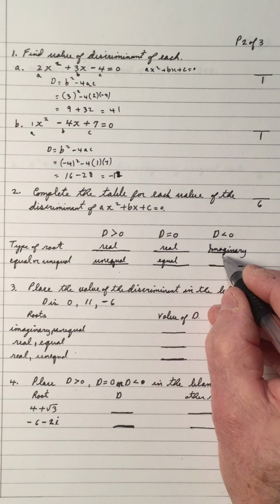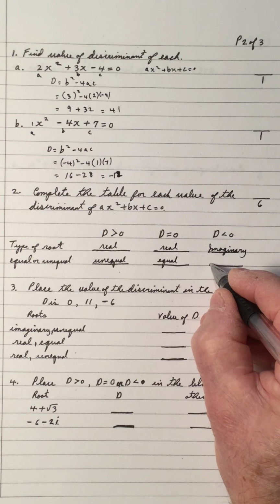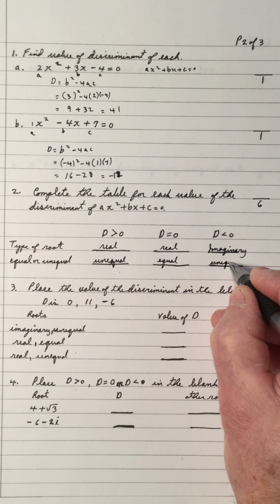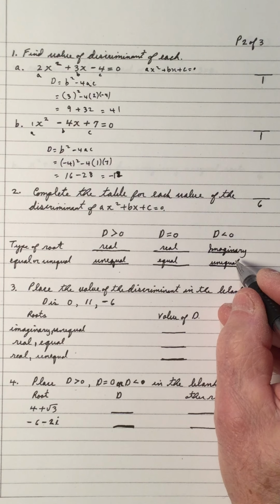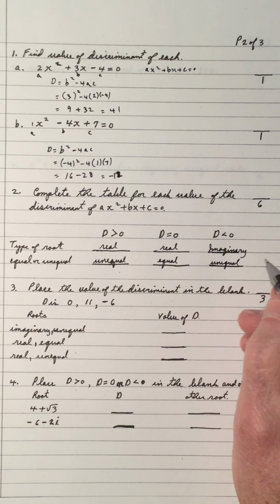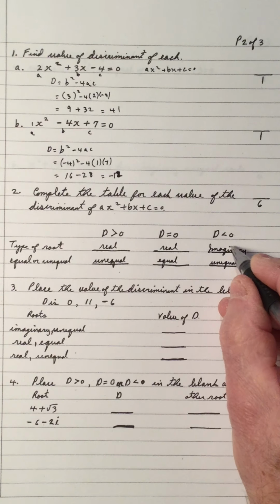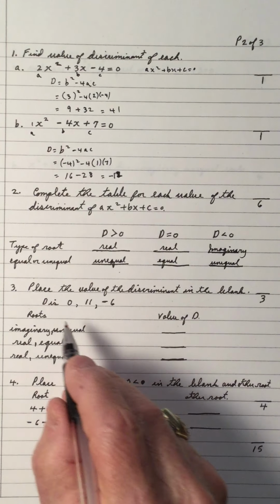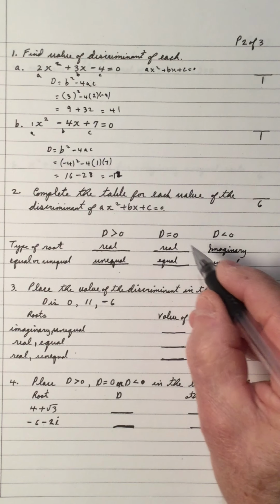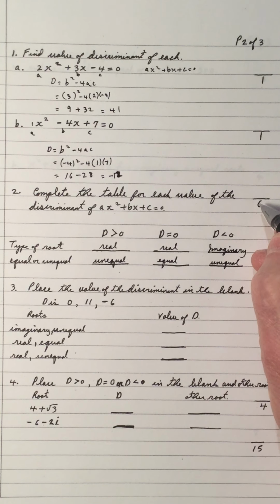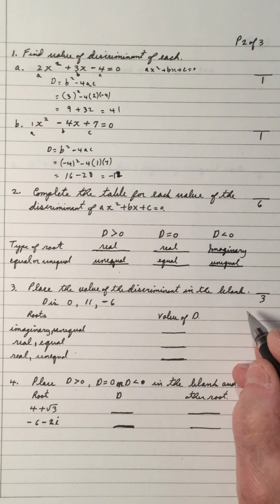And if you have imaginary roots with D less than 0, the roots are unequal. In that case, we could have 2i and negative 2i, or 3 plus 4i and 3 minus 4i. They're conjugate pairs. For each of these blanks that you filled in correctly, give yourself a mark, so a total of 6.